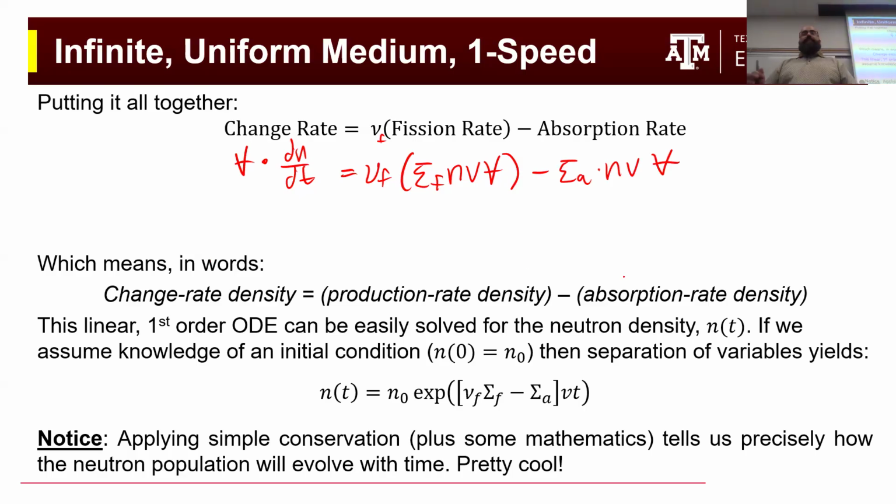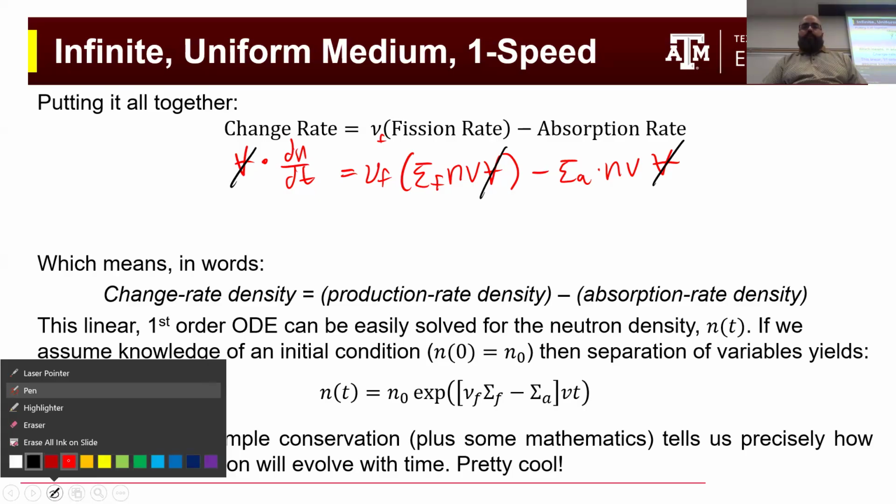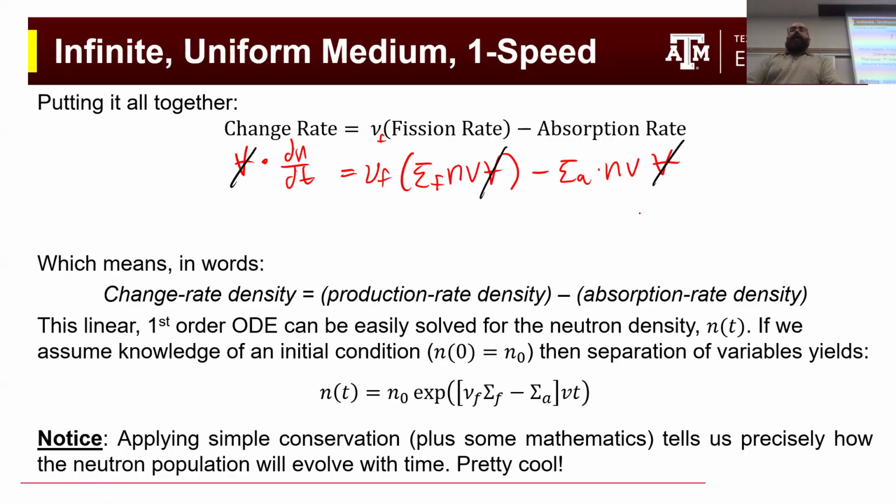So now, instead of having an equation in words, we actually have a mathematical expression, and we can hopefully solve this if we're lucky. In this case, the volume appears on every term in our equation, so that volume is just going to cancel out if we divide both sides by the volume. And then notice how on the right side, both of these terms contain the product NV.